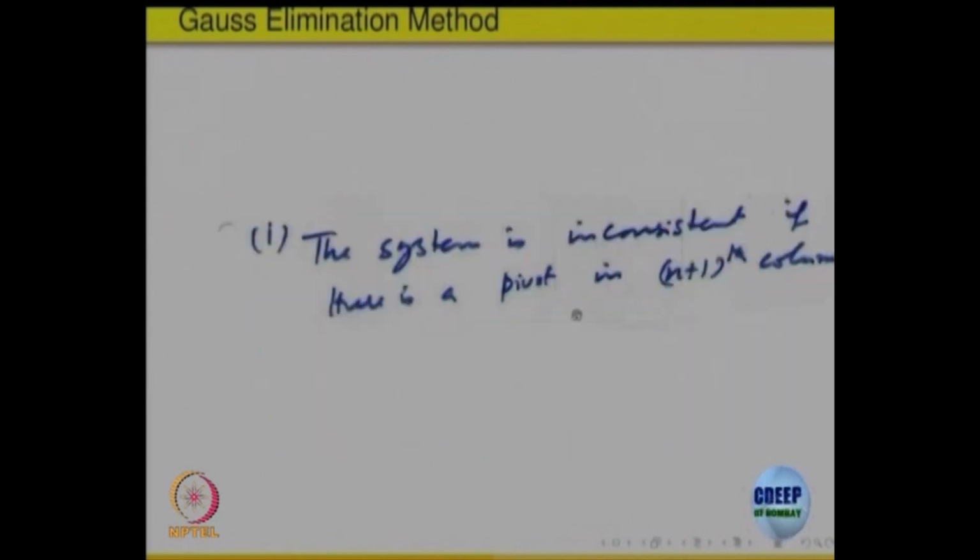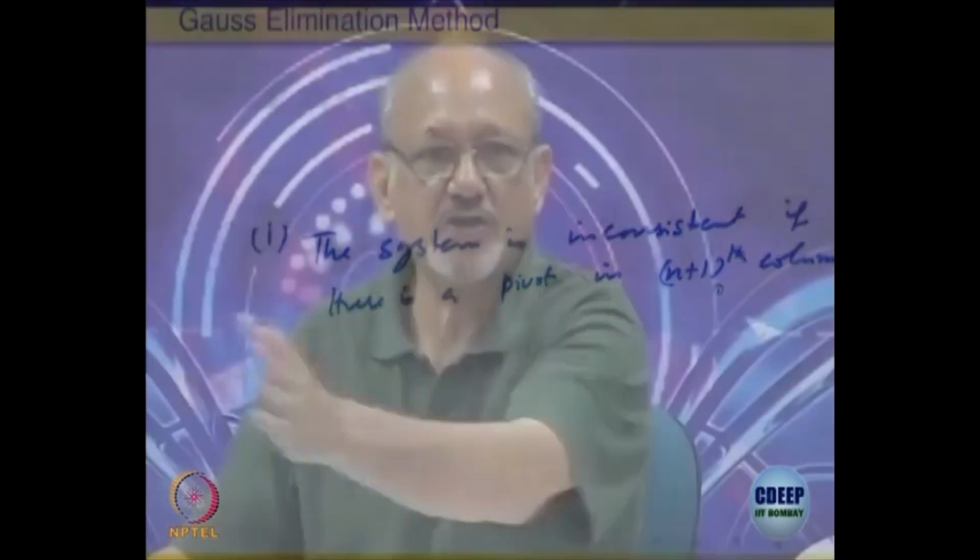Then the system is inconsistent if there is a pivot in the b column, a non-zero pivot. If a pivot comes there, that means all the previous entries must be 0. If in the augmented matrix there is a pivot lying in the column where b is, that means there is a non-zero entry in it.